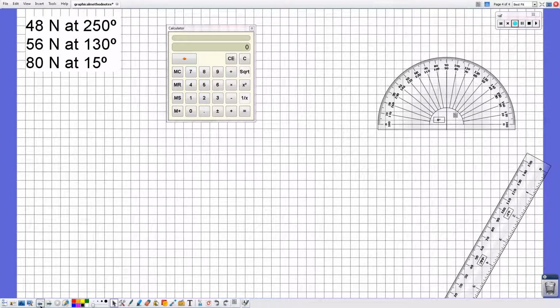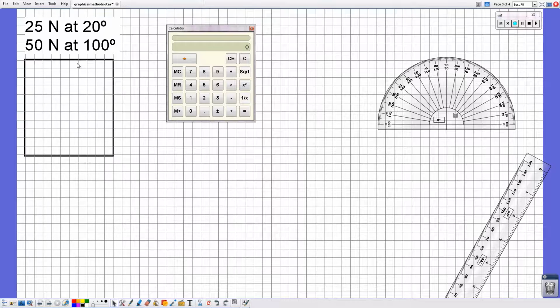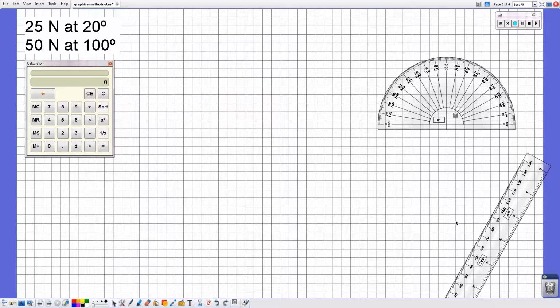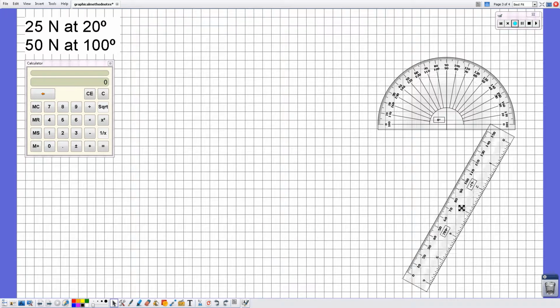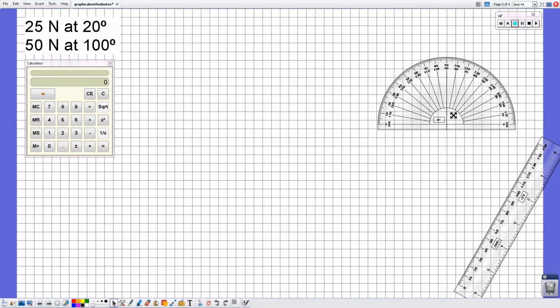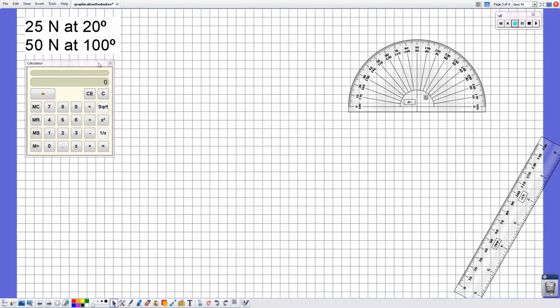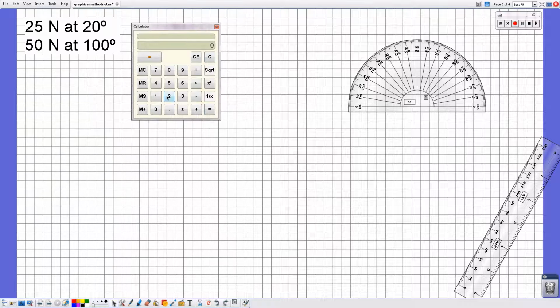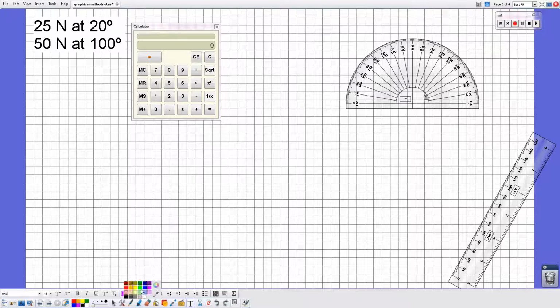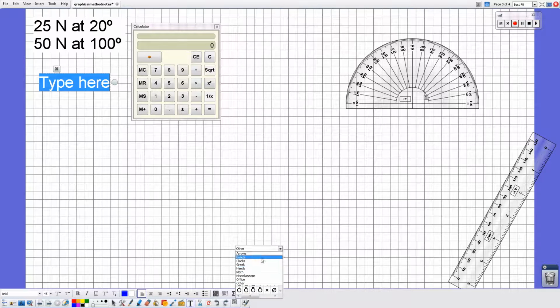So, we're going to start with this one. I'm going to go kind of fast, but remember, this is a video, so you can pause it and rewatch whenever you want. Alright, so let's see. I see 25 and I see 50. I'm going to go ahead and say that my scale here is going to be divide by 5.